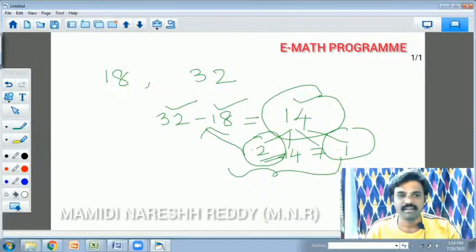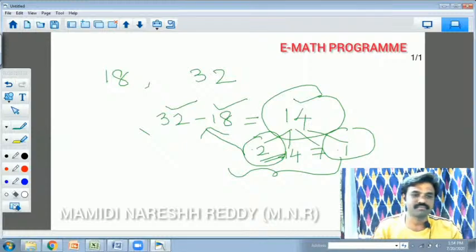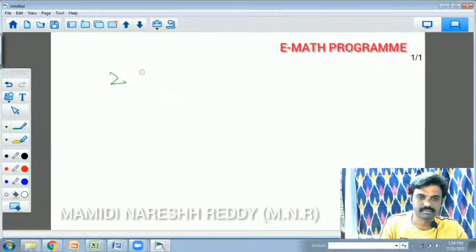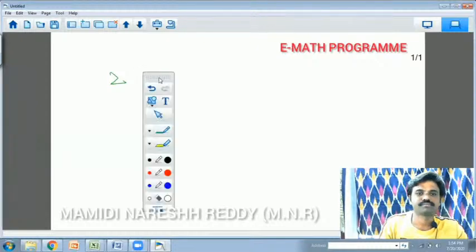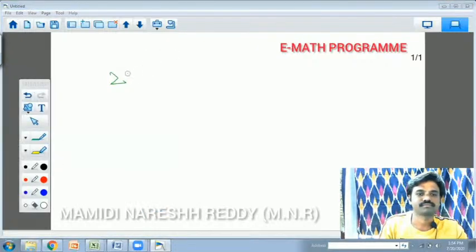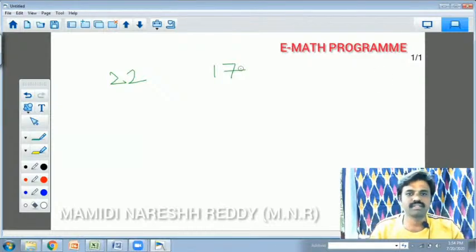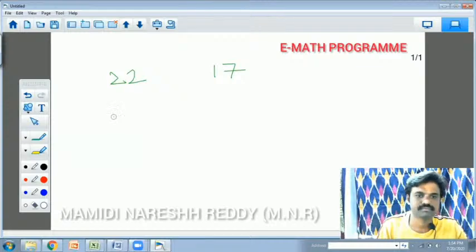Now let us take one more example. 22 and 17, I am taking, for example, 22 and 17. What is the difference between 22 and 17? It is 5.